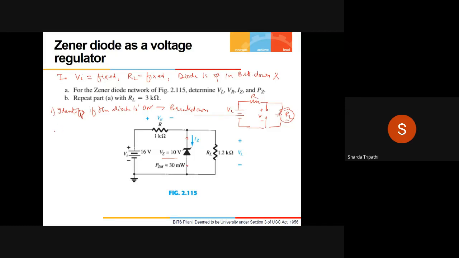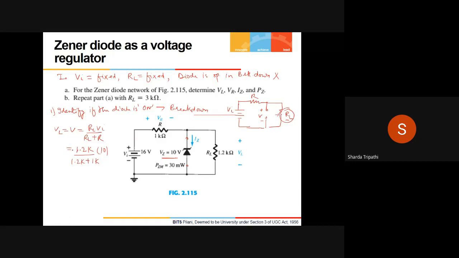So the voltage across the load resistance, this is also equal to V. In my case, this will be equal to RL divided by RL plus R multiplied by VI. And all the values are given. RL is 1.2K divided by 1.2K plus 1K multiplied by 10.